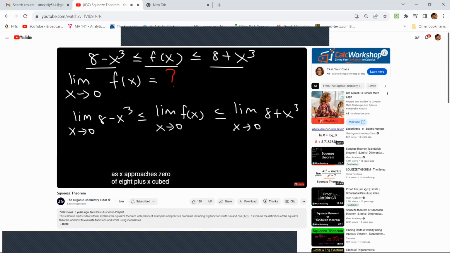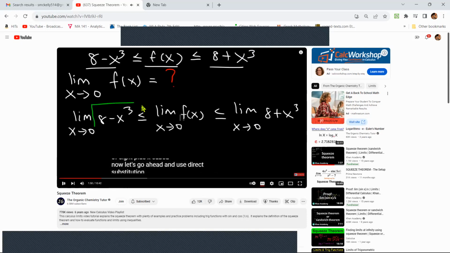All he's done here is said, now I can find the limit by putting the limit in every expression. Because these are continuous expressions, I can just use direct substitution and substitute the numbers directly in, and he's going to do that for you right now.